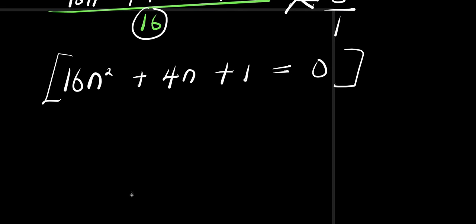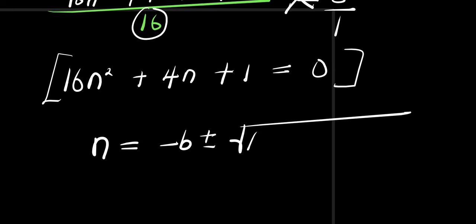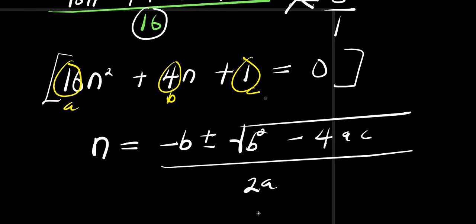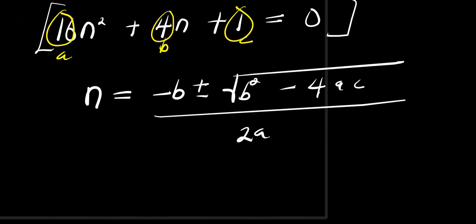Now, what we are going to do is to make use of the formula method. We are going to write the formula in respect to n. I have n equals negative b plus or minus square root of b squared minus 4 times ac, divided by 2a. 16 is my a, 4 is my b, 1 is my c.